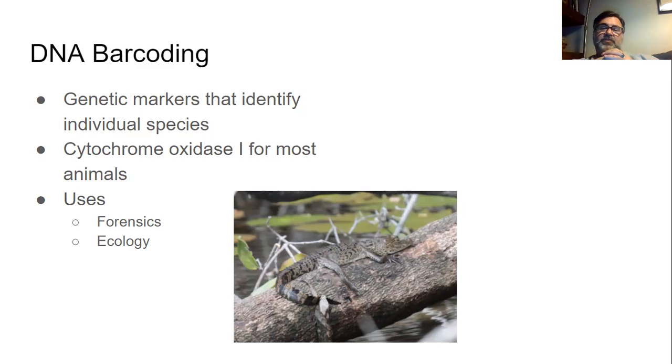So wildlife biologists will use this. And I mentioned APHIS, and they use these techniques to look at animals that may have been imported illegally, so they can identify what they are.